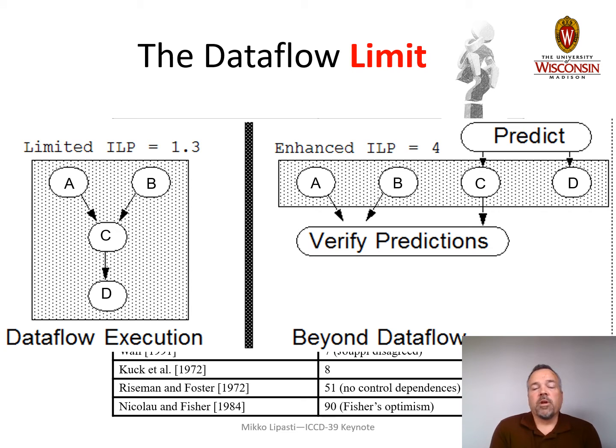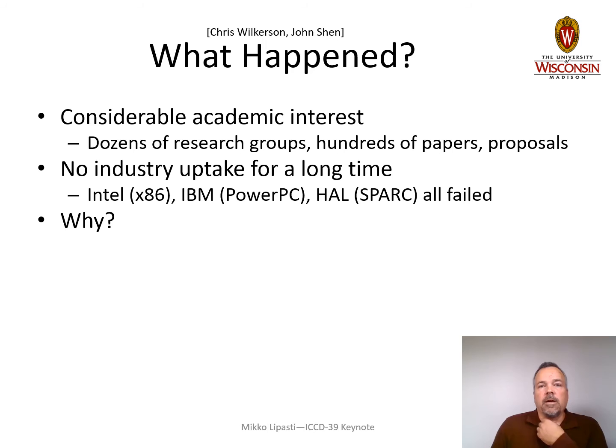So I have to make these predictions, I have to feed them to the dependent instructions C and D in this case, and then when I do execute A, B, and C, I have to verify that the result that I got actually matches the prediction that I made. But as long as my predictions are correct, I can actually improve the performance of these kinds of programs beyond what was traditionally viewed as the data flow limit.